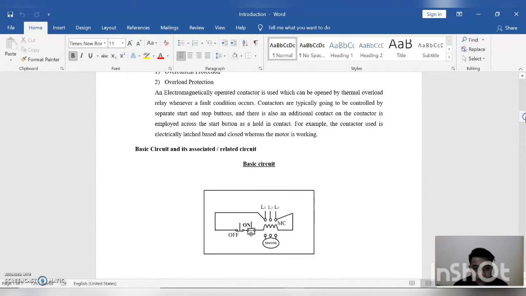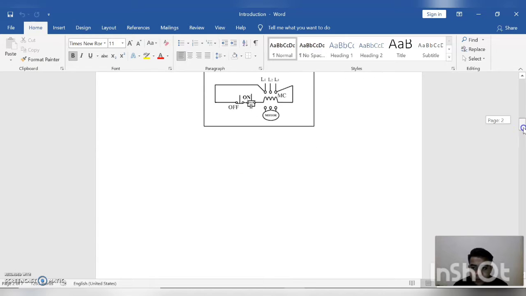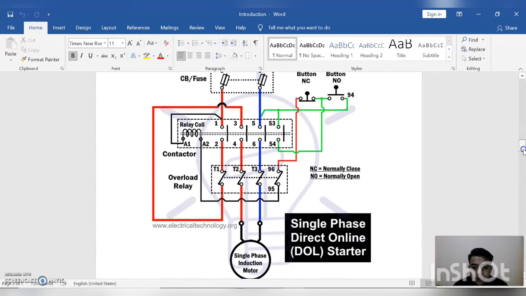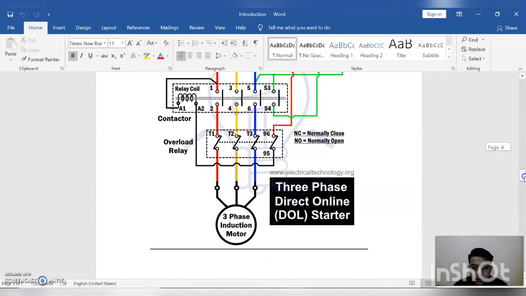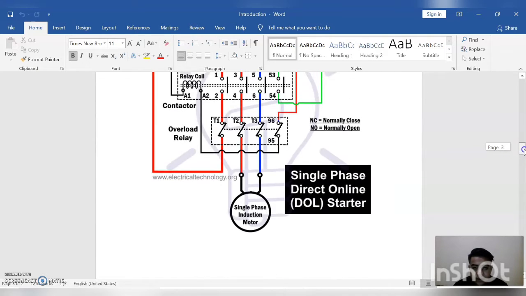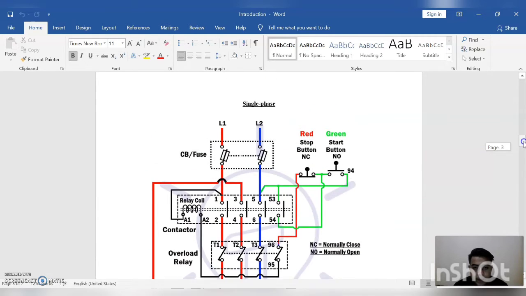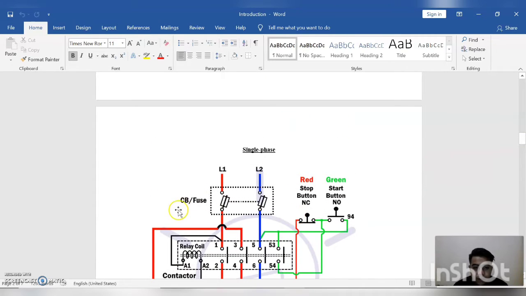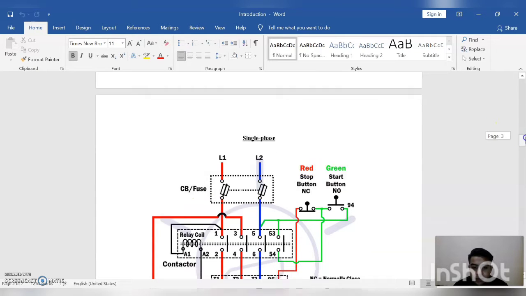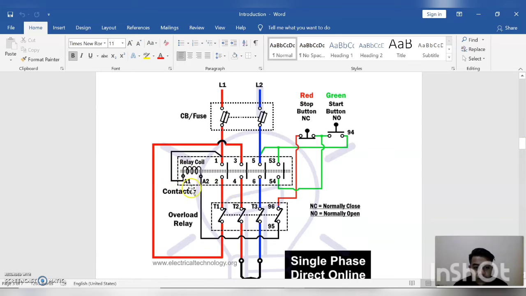Okay, for the basic circuit, this is the basic circuit. The starter has a single phase direct online starter and a three phase direct online starter. This is the single phase. The single phase has a fuse, start button, relay coil, contactor and overload relay.